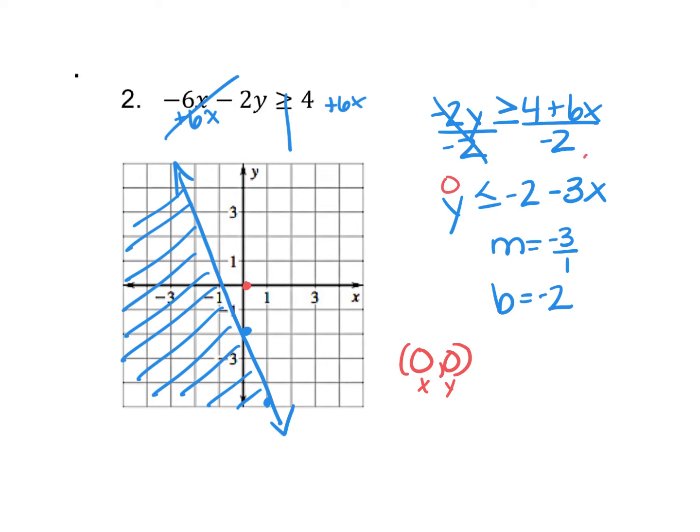If x is 0 and y is 0, is 0 less than or equal to negative 2 minus 0? Is 0 less than or equal to negative 2? No, it's not. And notice how I've shaded in the opposite direction. So if you're ever questioning, plug in the 0, 0, see if it's a solution. And if it is, shade in that direction. If it's not, shade in the opposite direction.